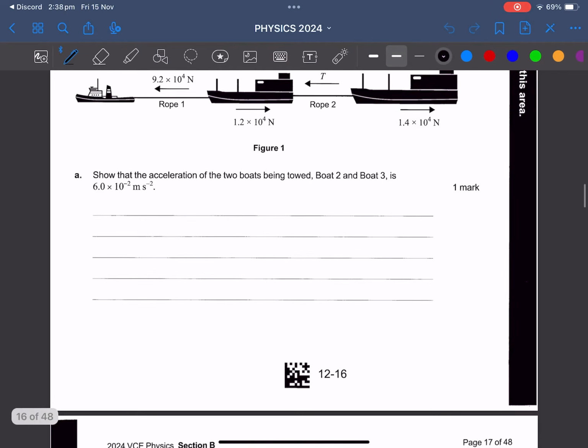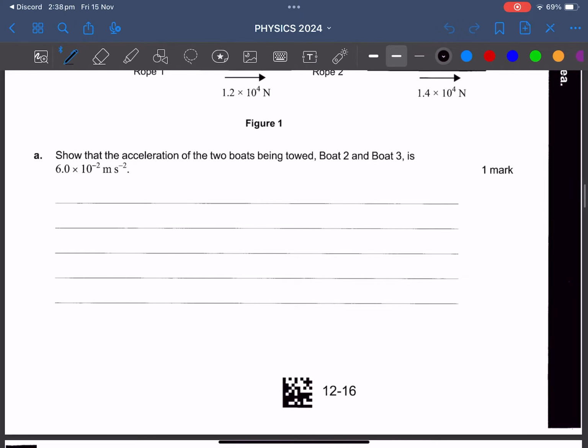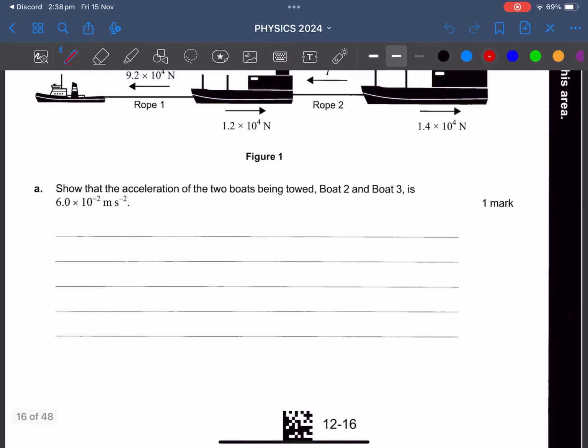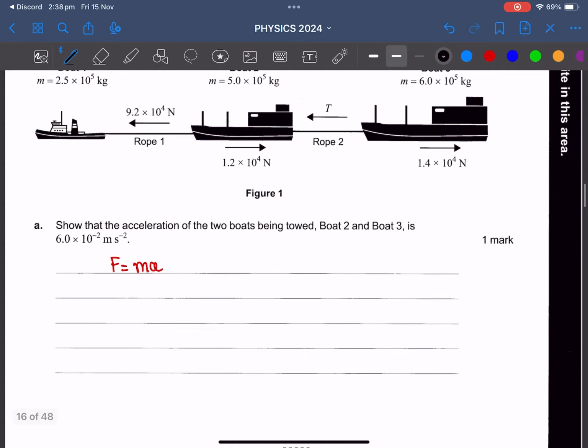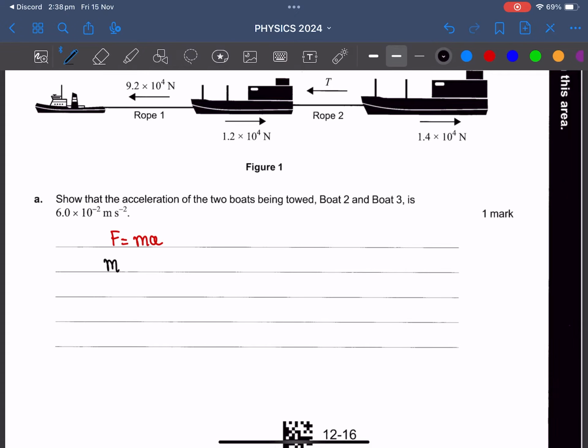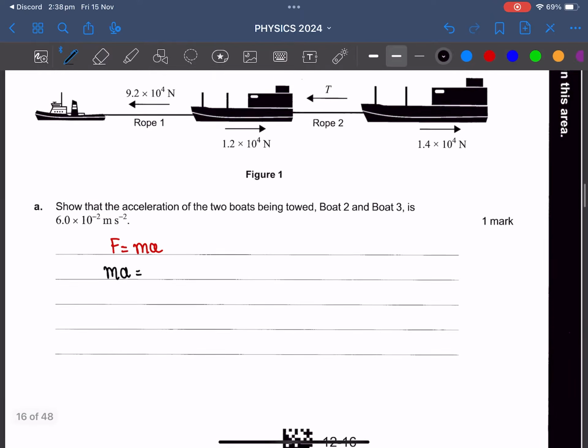Okay, show that the acceleration of the two boats being towed, boat 2 and boat 3, is 6 times 10 to the power of minus 2. We'll just use our F equals ma. Now that means ma has to be equal to all of the other forces.